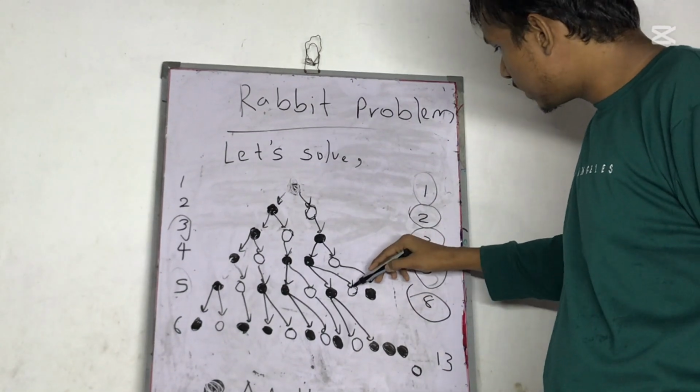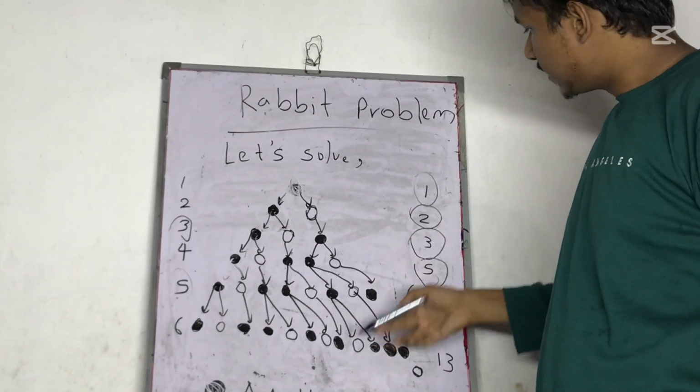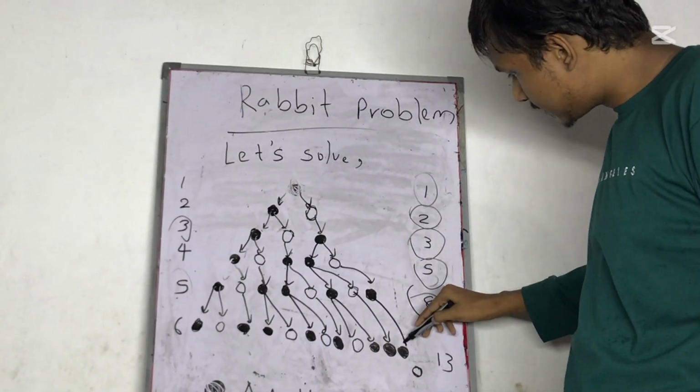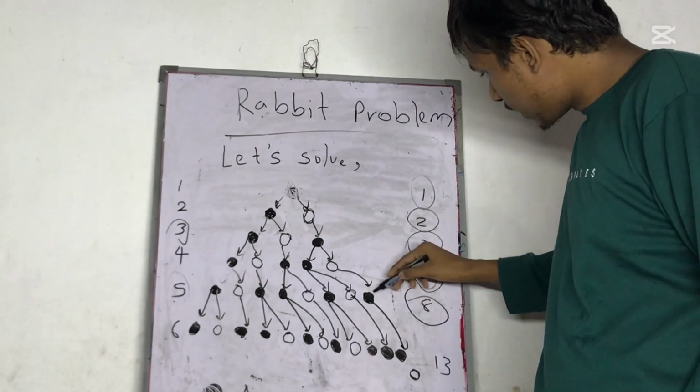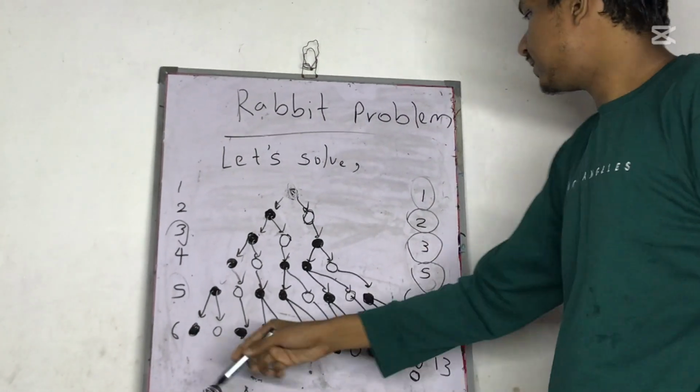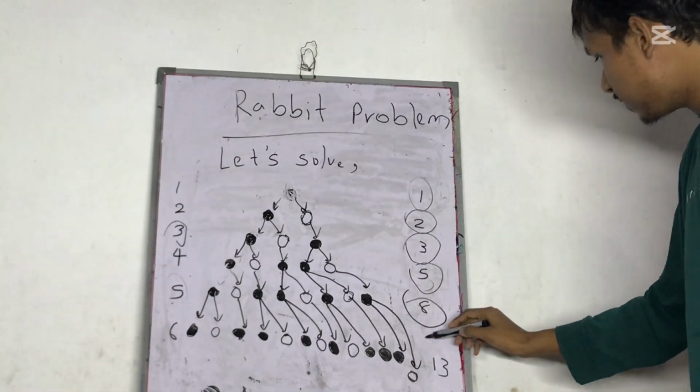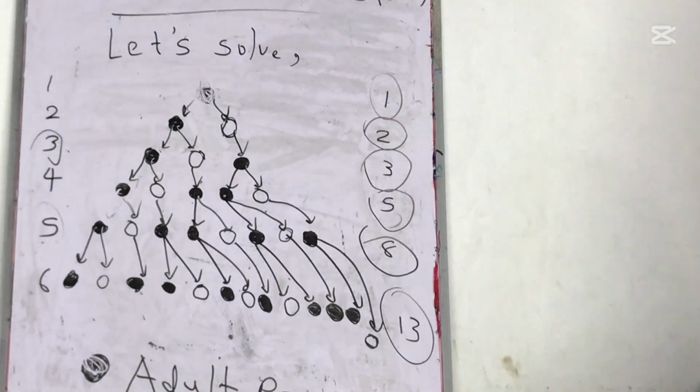This pair is now mature, and this pair is an adult pair and this is the babies. In the sixth month we have 13 pairs in all.